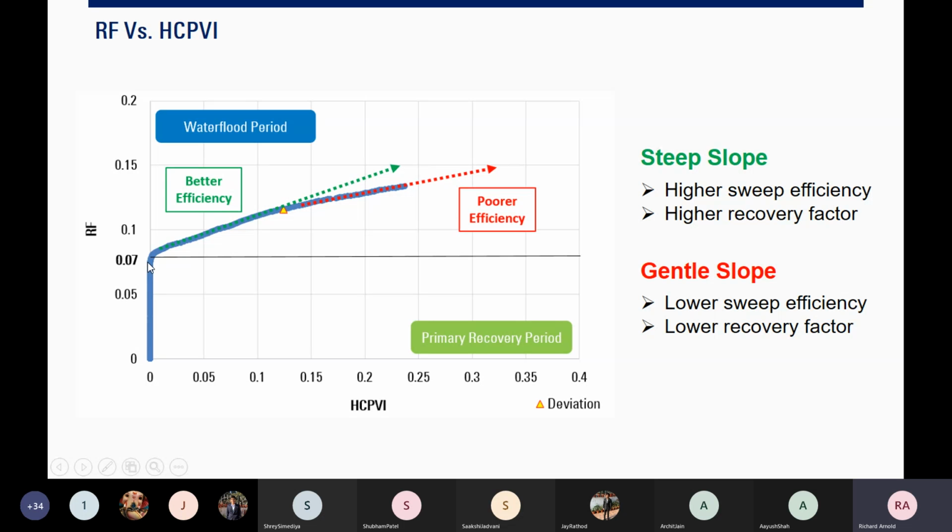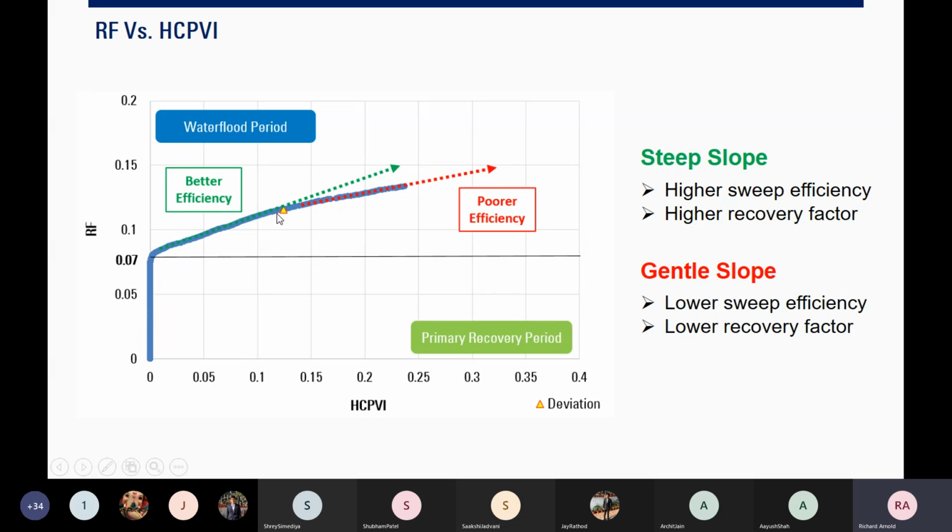And after the injection, it will move like this. Steep slope means higher sweep efficiency and higher recovery factor. But something happens within this time that changes the slope. Maybe water breakthrough, maybe water recycling, we don't know.